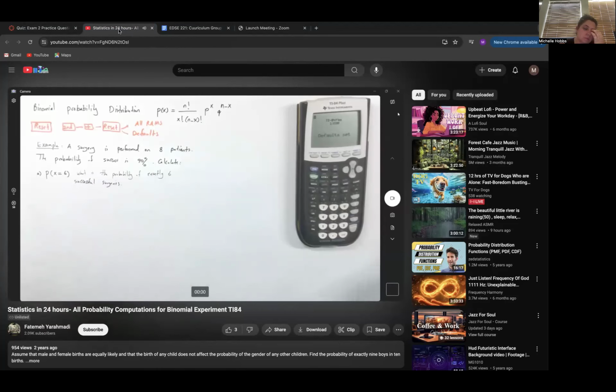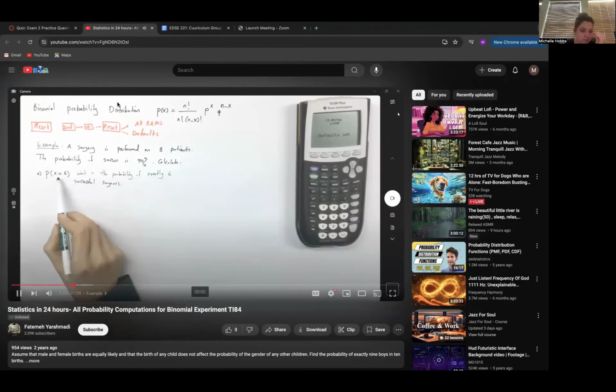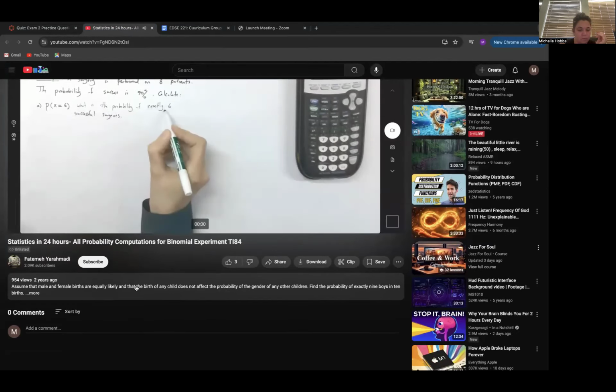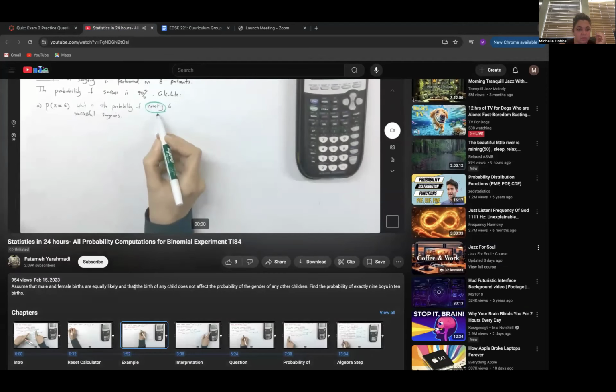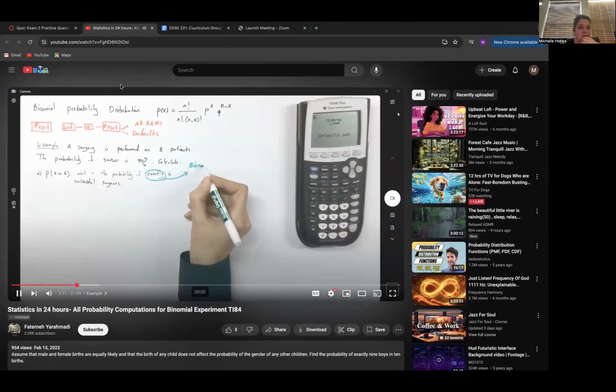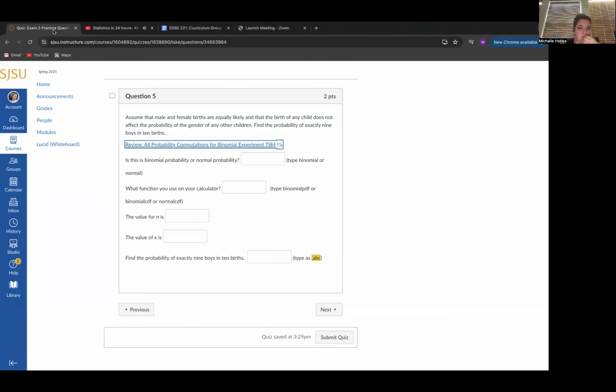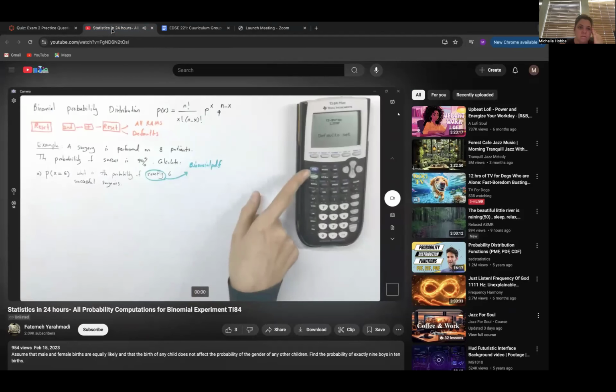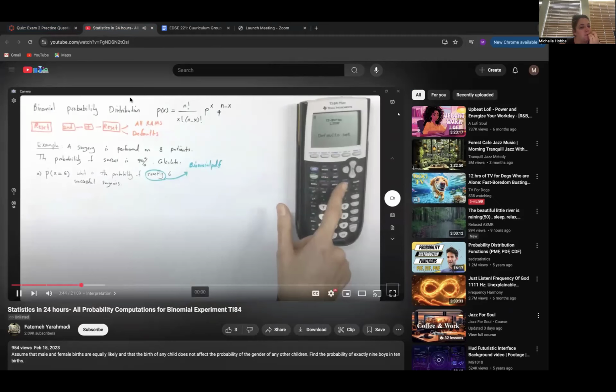The keyword given to you is equal to or exactly. When you have the keyword exactly, it directly refers to binomial PDF, the probability density function.